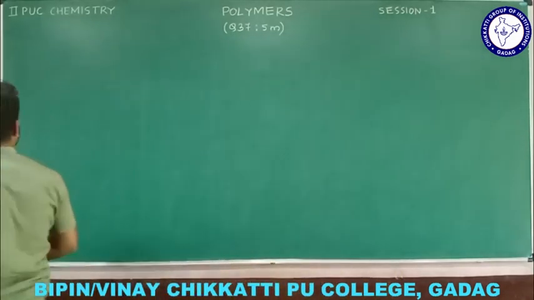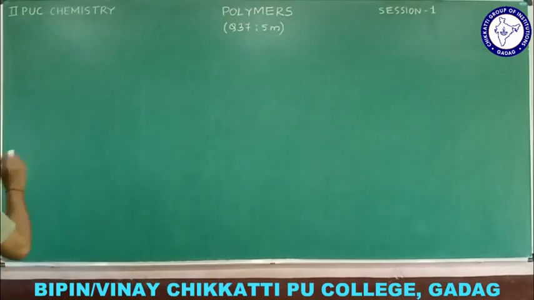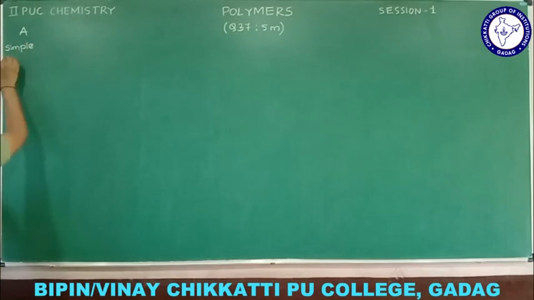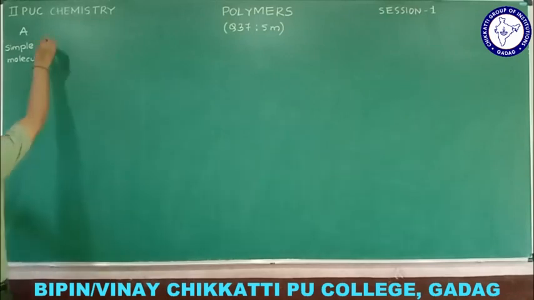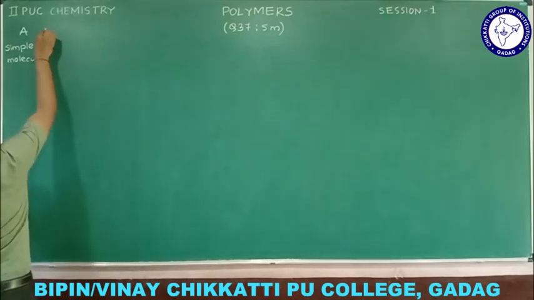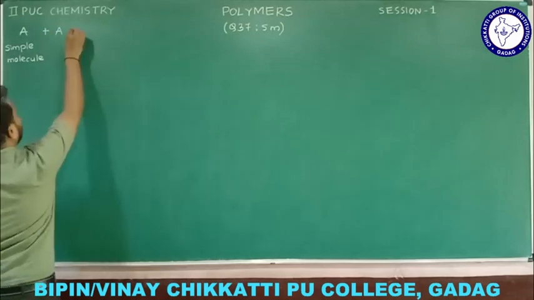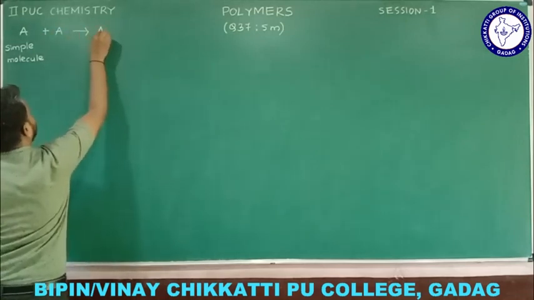First, let us assume I consider one simple molecule, that is A. When this A combines with one more A, that is also a simple molecule, we are going to get A2.